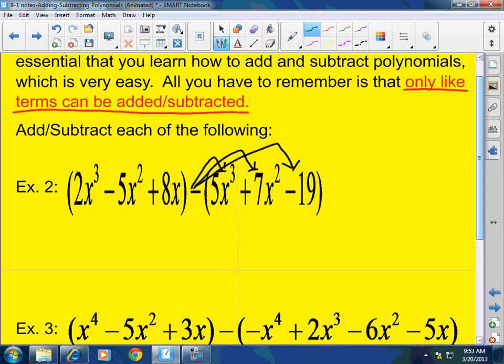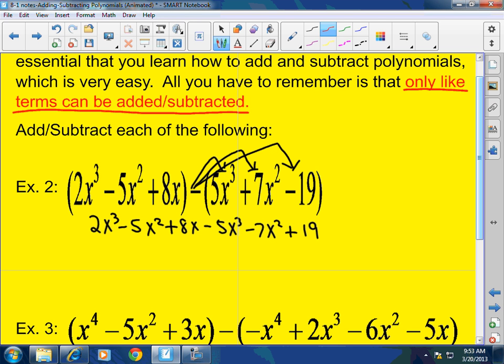So once you distribute it, rewrite it. Make your life easy. So you've got 2x cubed minus 5x squared plus 8x minus 5x cubed minus 7x squared plus 19. Now, guys, add and subtract your like terms.